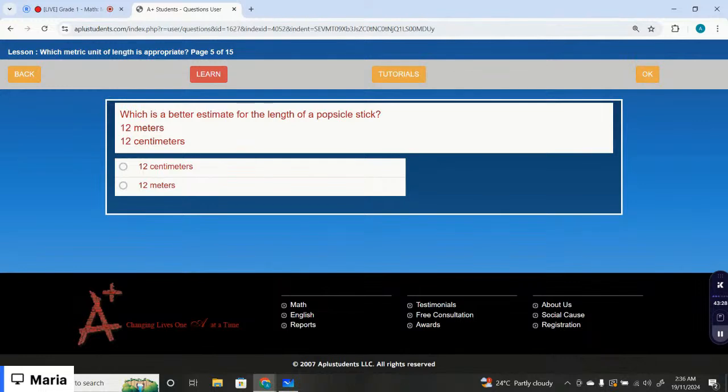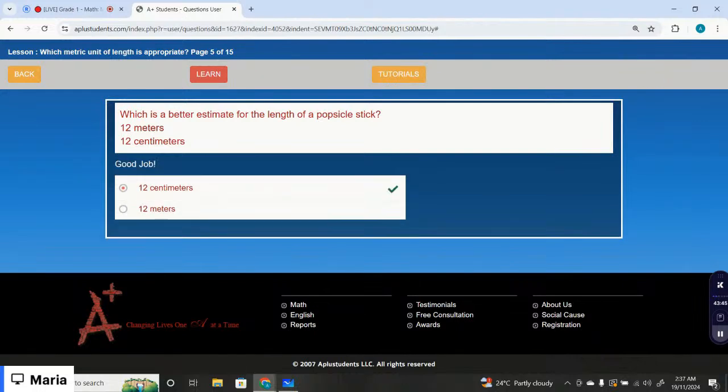Which is the better estimate for the length of a popsicle stick? That is 12 centimeters. Option number one is the correct option.